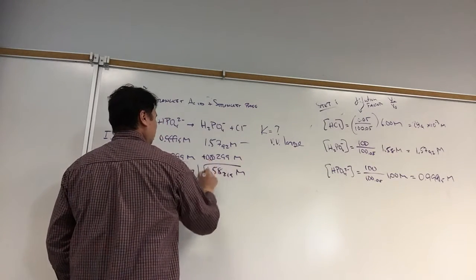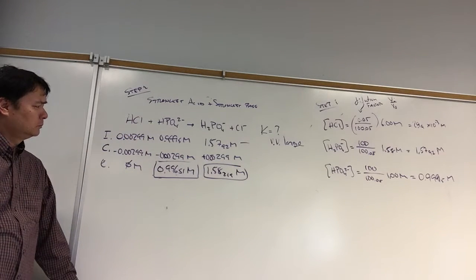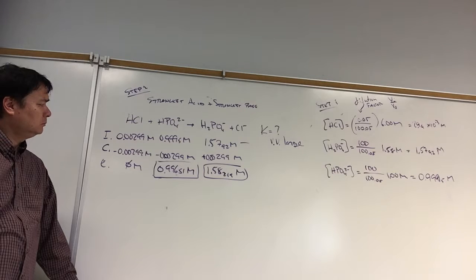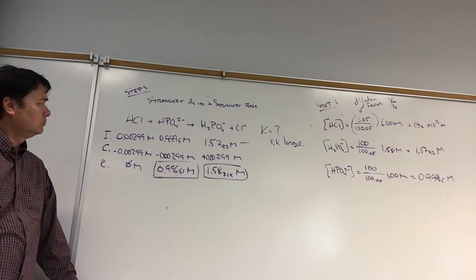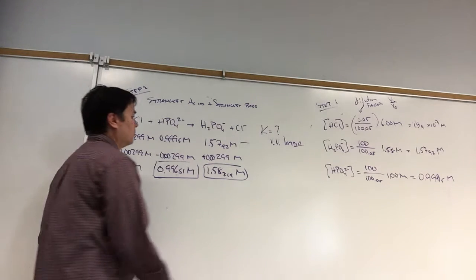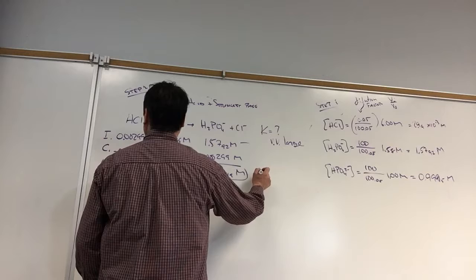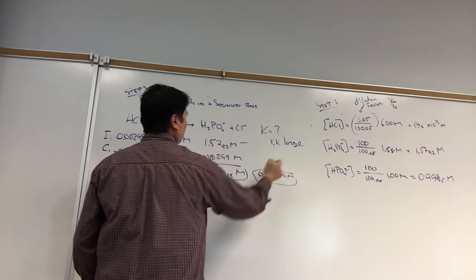I didn't get the same thing. For which one? Get the 1.58? What HPL? Wait, 0.9995? 0.9995 minus 0.00299. No, she's on the first one.